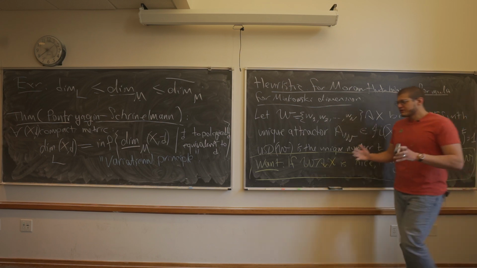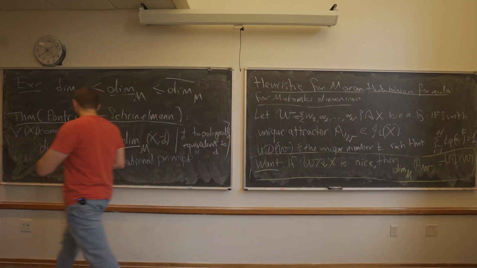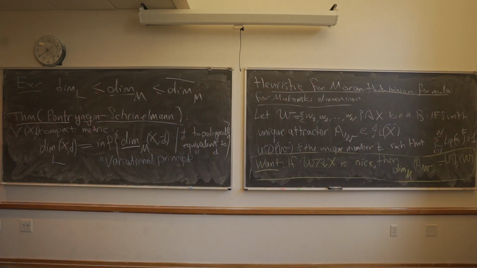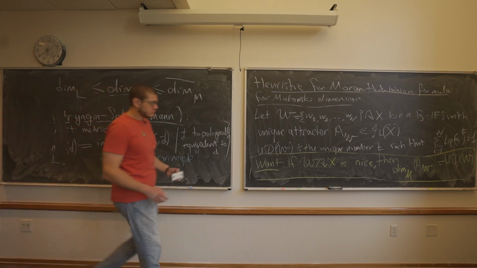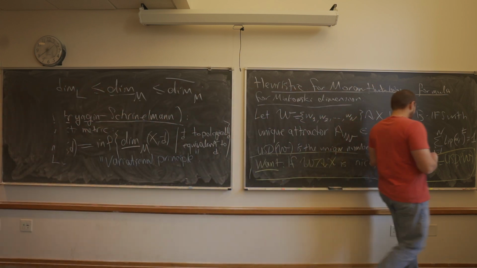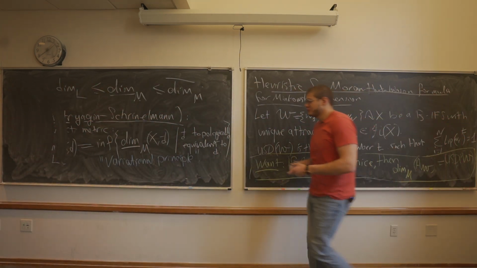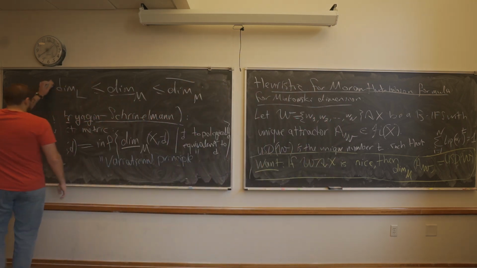So you should think of this part of today's class as a template for how to give a talk. And then, of course, if someone asks, oh, what do you mean by nice? Then you need to know what nice means.